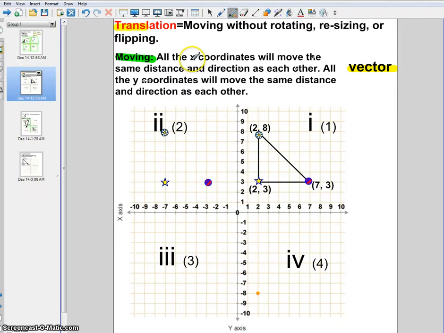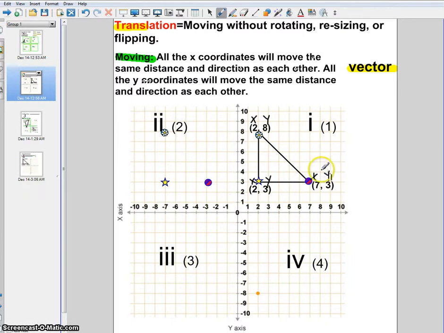Well, all the x-coordinates will move the same distance and direction as each other. So see over here, 2, 8, our x-coordinate is 2, our y-coordinate is 8. In this coordinate pair, our x-coordinate is 2, our y-coordinate is 3, and in this coordinate pair, our x-coordinate is 7, and our y-coordinate is 3.